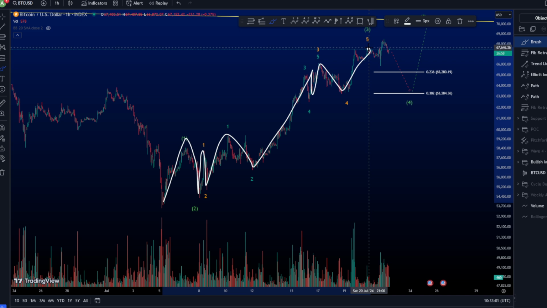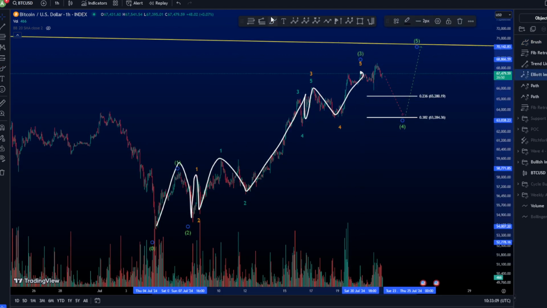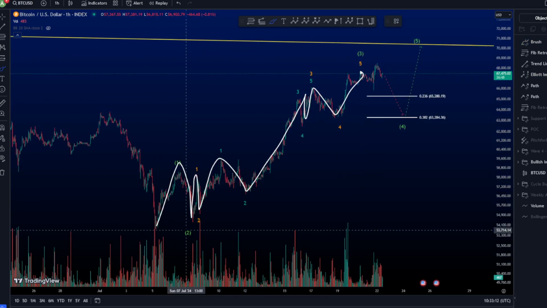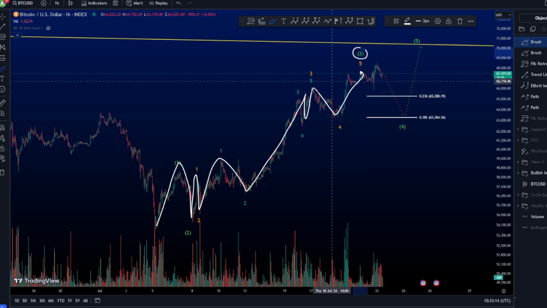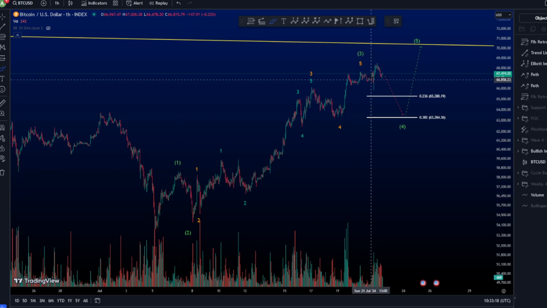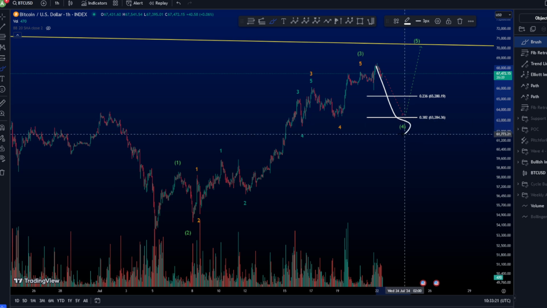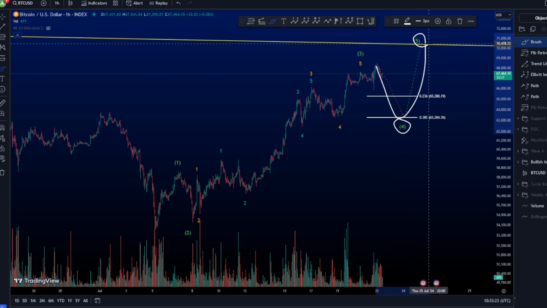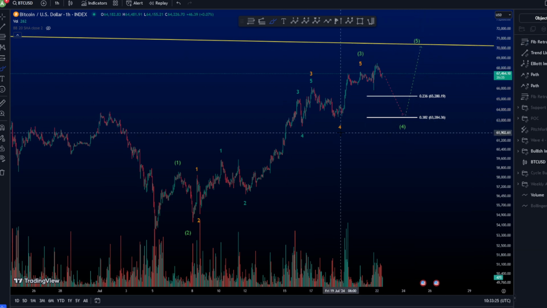Now 5 has ended here. I will explain. With this 5 ends the third green one, which is the first impulse. Here is a 3 of the main impulse. And then we are expecting a 4 for the green and then a 5 for the green as well, finishing this bull trend.